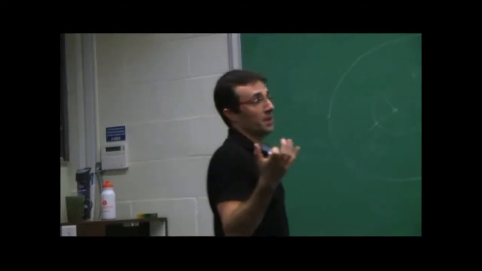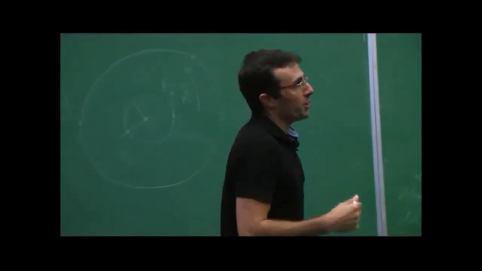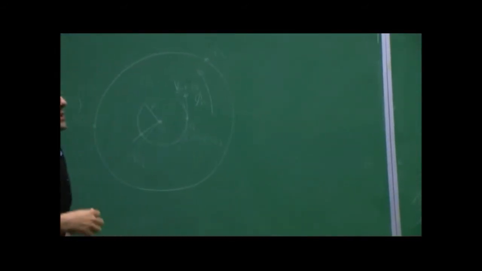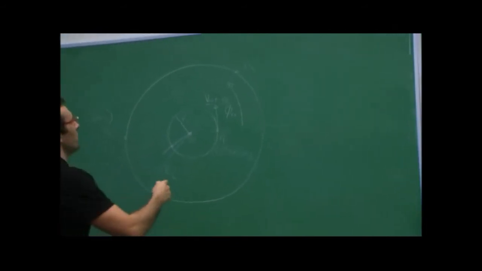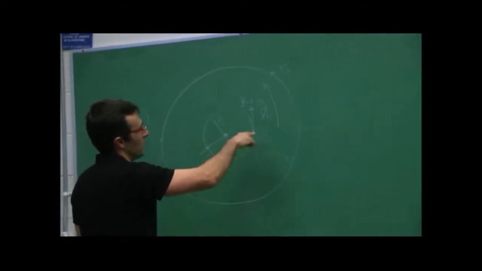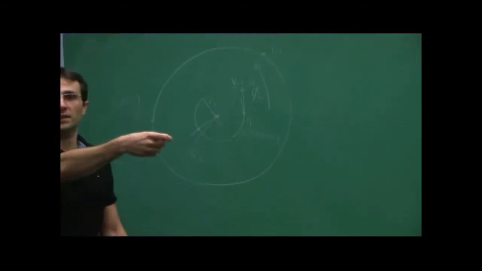I start counting time from there. So from that point on, I want to know how much I have to wait so that the planets are in a configuration where I can run a similar half ellipse, it's basically identical, and find planet 1 at the other end.